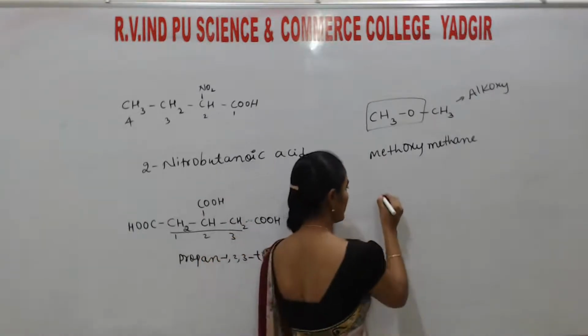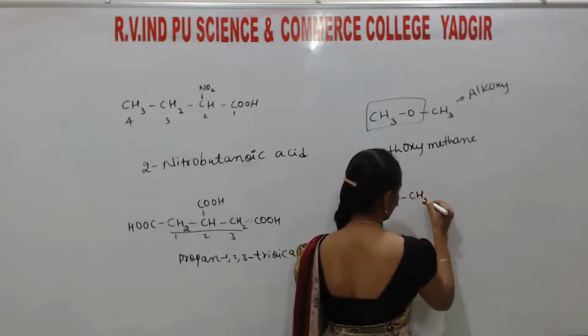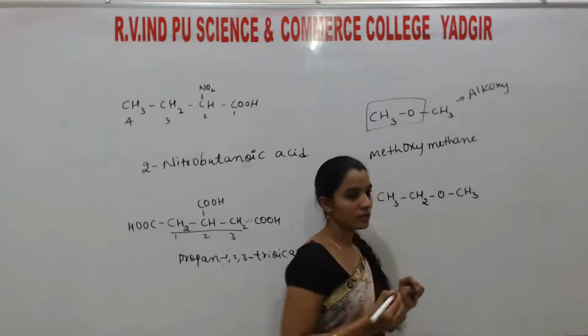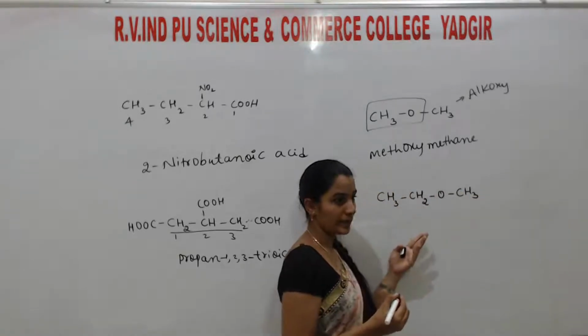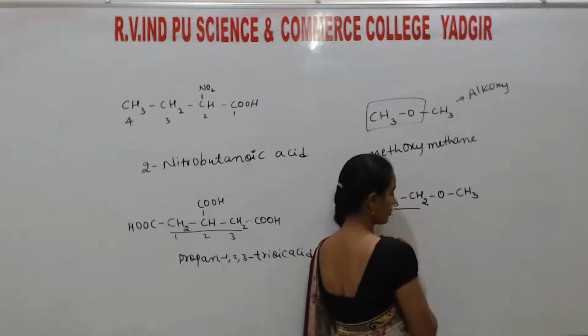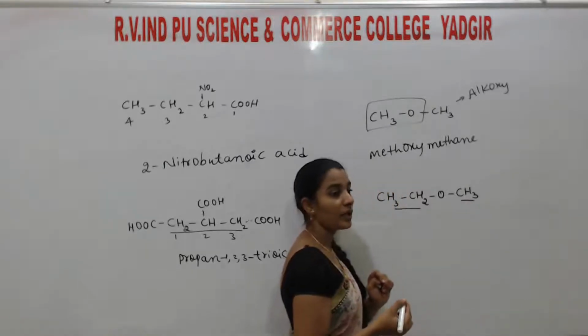Understand? Next. Here it is CH3, CH2, O, CH3. So students, if the compound is like this, here two carbon atoms are there, and here only one carbon atom is there. The parent chain is what?